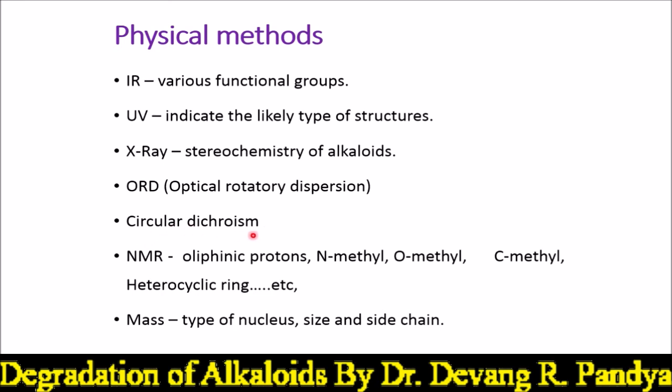Circular dichroism is there as well. NMR can help us find out the olefinic proton or N-methyl or O-methyl or C-methyl group, or a heterocyclic ring present in the complex structure. And mass spectrometry will help us find out the type of nucleus, size and side chain of the complex compound. So using these various methods, we can establish the complex structure of alkaloid.